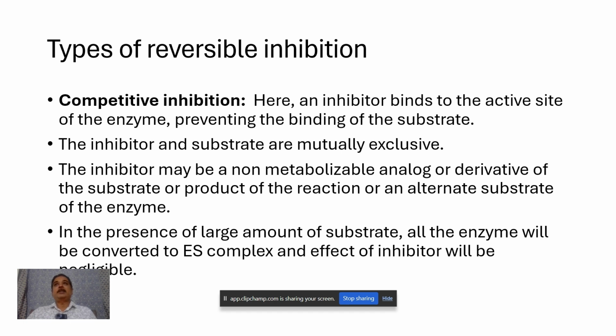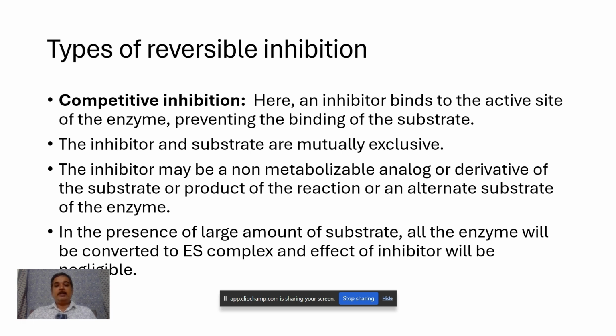Or the product of the enzymatic reaction will be similar to the substrate and it can act as an inhibitor or an alternative substrate of the enzyme. So the enzyme may have different substrates, and in the presence of one or two more substrates, it can act as an inhibitor for the first one.